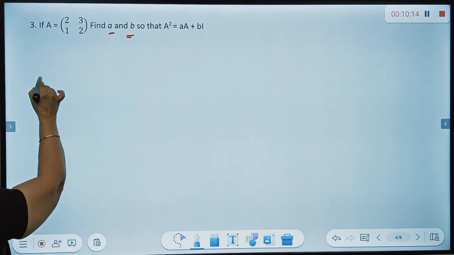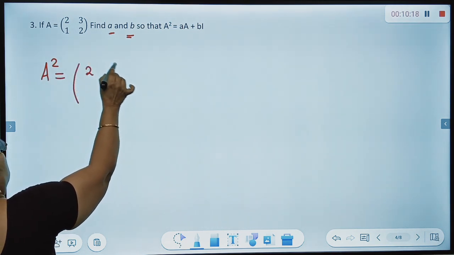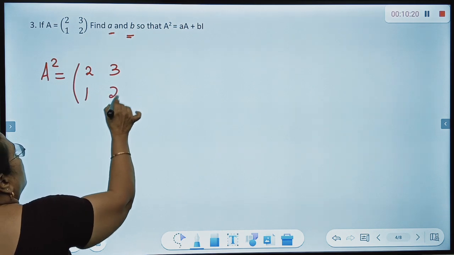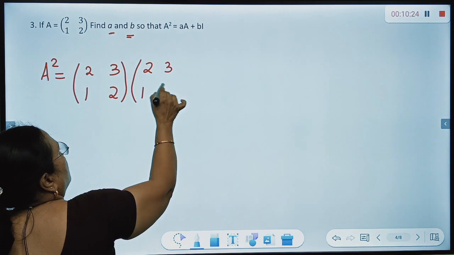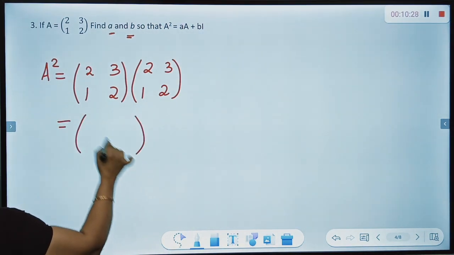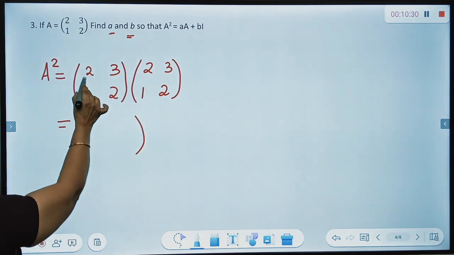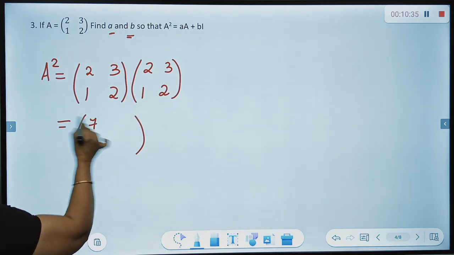So now A square is equal to 2, 3, 1, 2 into 2, 3, 1, 2, which is, so first row, first column, 2 into 2, 4, 4 plus 3, 7.